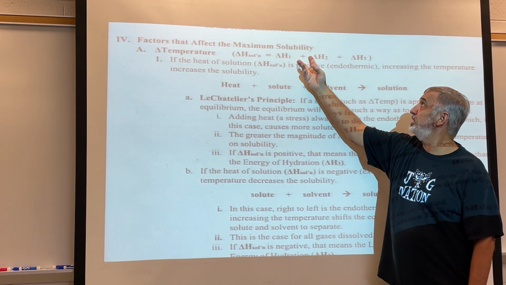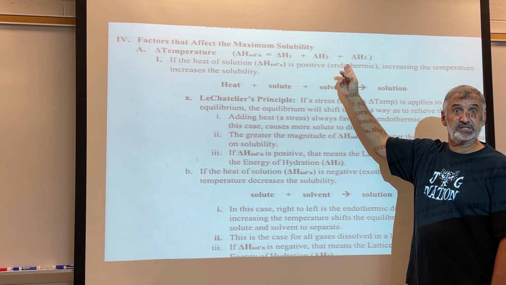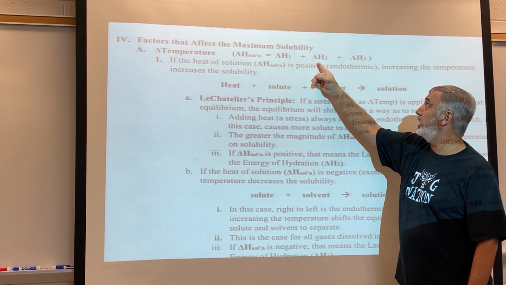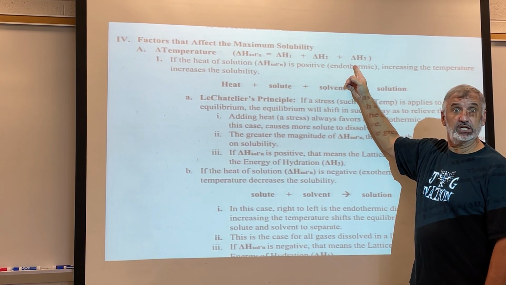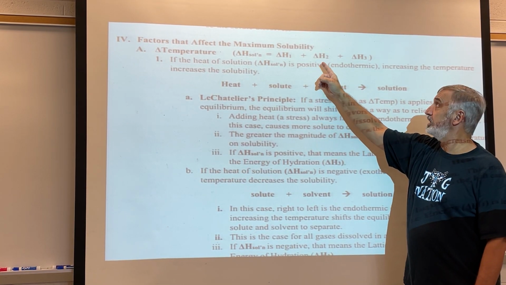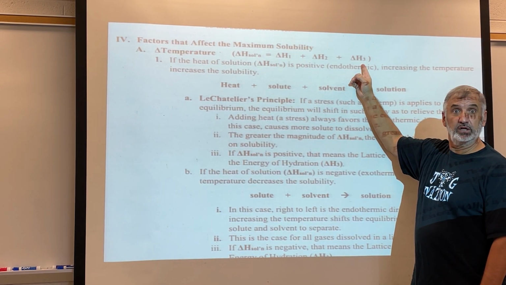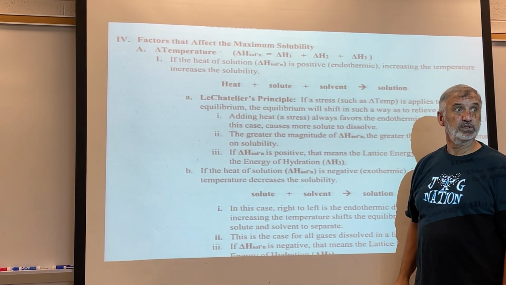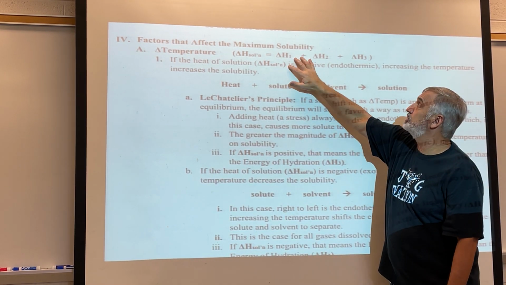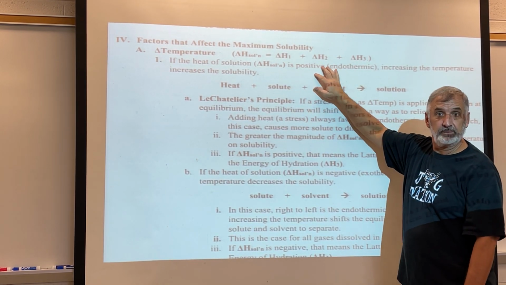Whichever, this sum versus this one, whichever one is bigger is going to determine the sign, right? 1 plus 1 plus a minus 3 is going to be minus 1. 1 plus 1 plus a minus 1 is going to be a plus 1. So what determines the overall sign is the magnitude of these values.